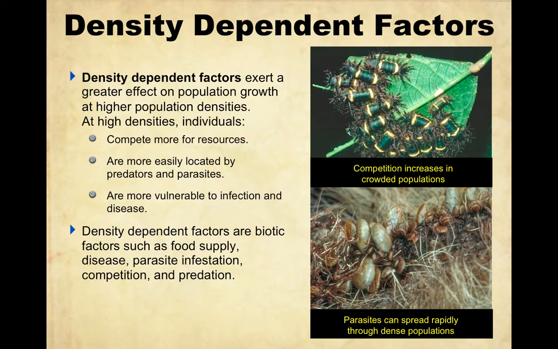So density-dependent factors that are biotic are things such as food supply, disease, parasitism, competition, predation. We're going to talk about density independent factors in just a second, but density-dependent factors tend to be biotic factors. Okay, I'm going to say that one more time. Density-dependent factors usually are biotic factors.